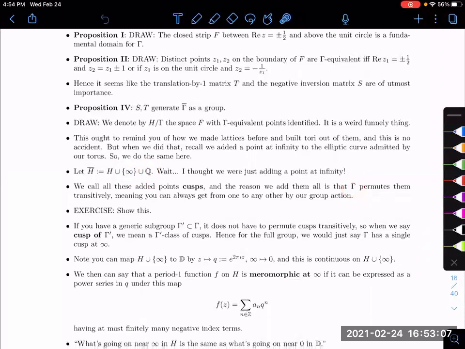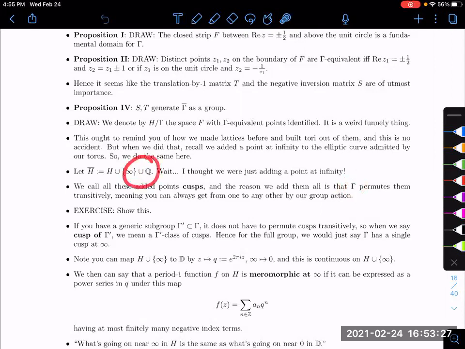And what does this transitively mean? That means there's just one orbit here. Like you can get from any cusp to another cusp with some matrix in gamma. You can always get from one to any other one with some suitably chosen matrix in gamma.